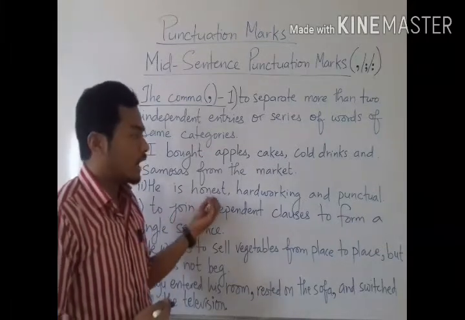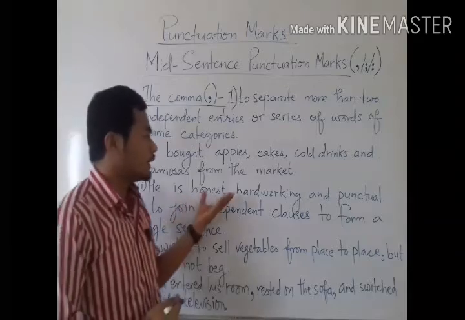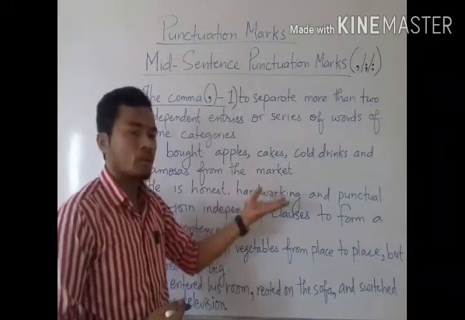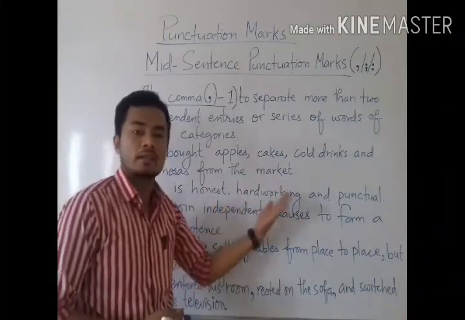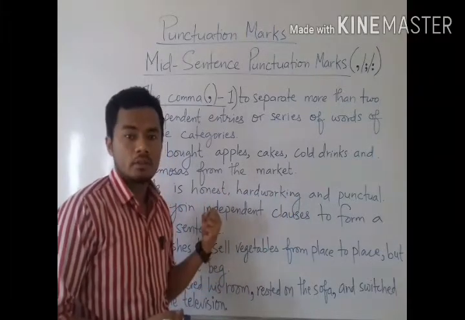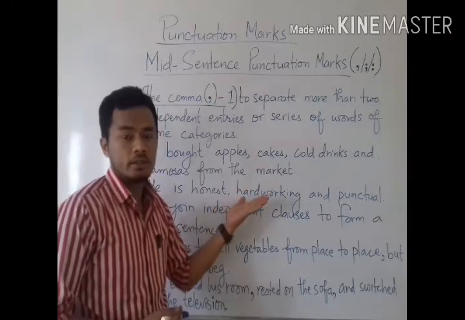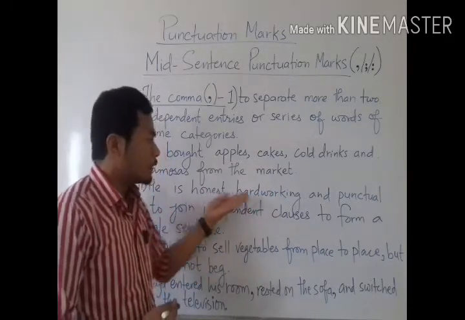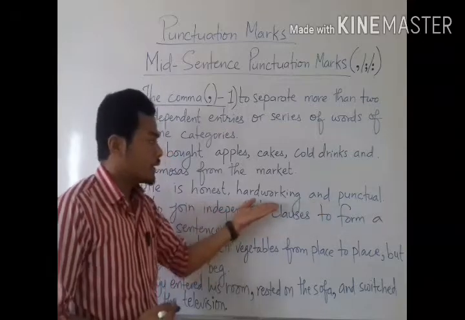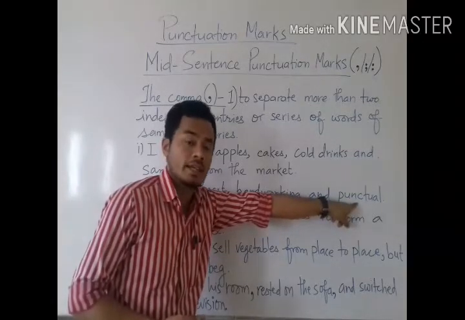He is honest, hardworking and punctual. Okay, see, honest, hardworking and punctual, these three are words of the same category, they are adjectives. So before the last word I have used and, because the sentence actually ends here.